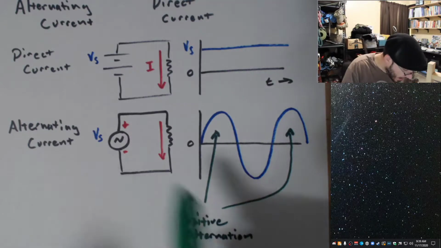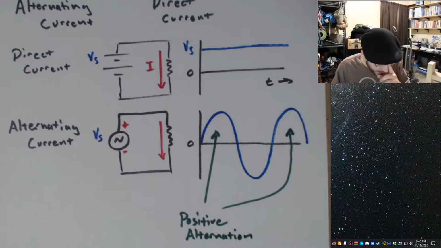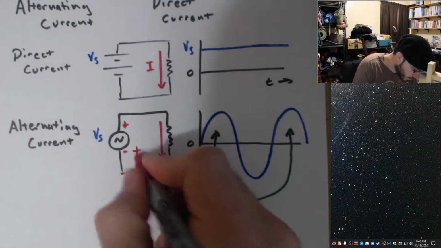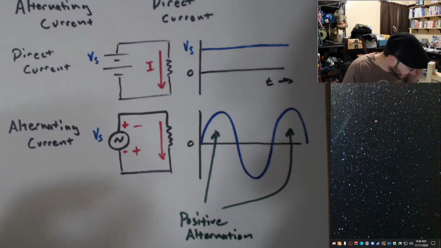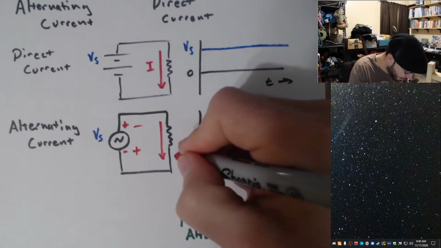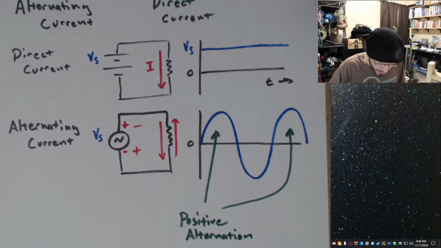And then the other half of the time, when the applied voltage is below that x-axis, our polarity has now flipped. We're now positive on the bottom, minus on the top, and current is now actually going upwards. And during this time, we refer to this as the negative alternation.